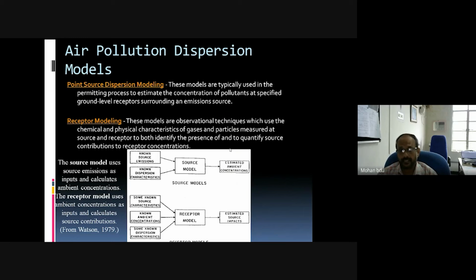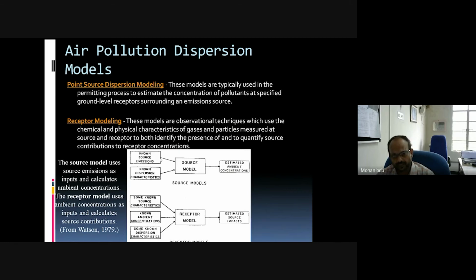So that is basically a Gaussian plume model, which will predict the concentrations of point source dispersion. These models are typically used in the permitting process to estimate the concentration of pollutant at a specified ground level receptor surrounding an emission source.